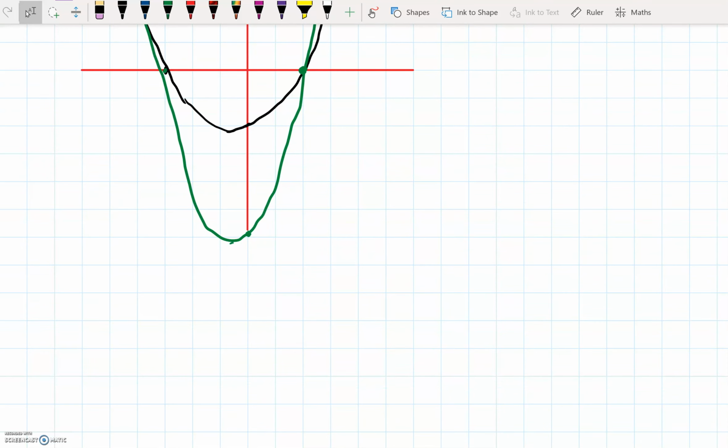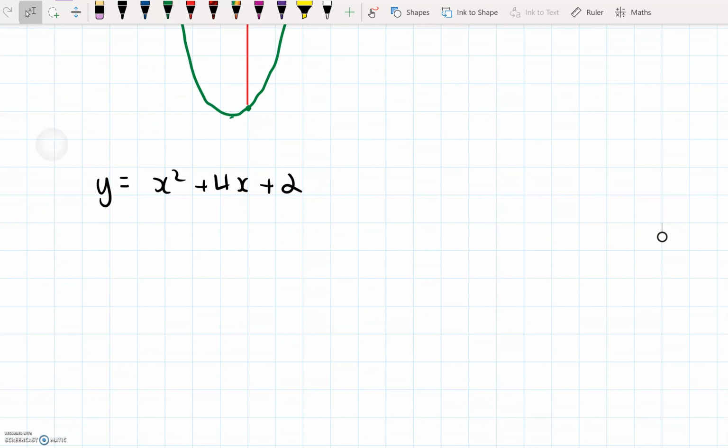So for example, if we have y equals x squared plus 4x plus 2, and I said to you we're going to multiply or stretch, whatever, with regards to the x-axis by a factor of 2.